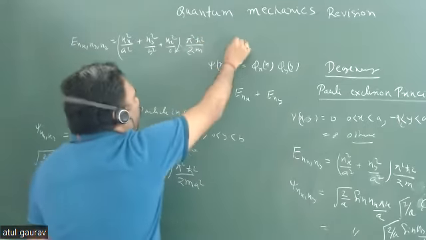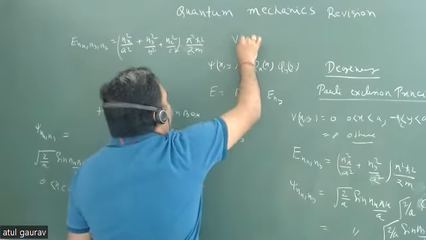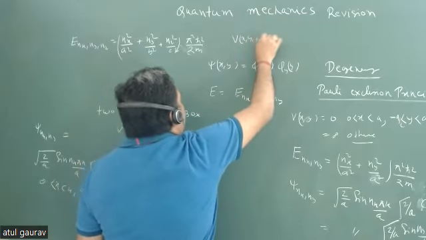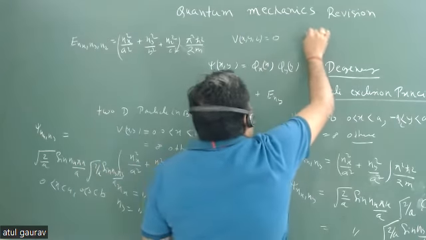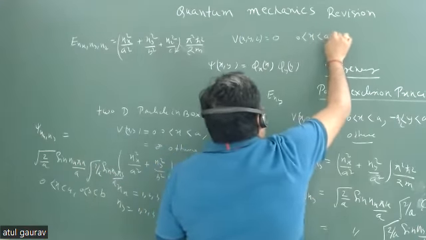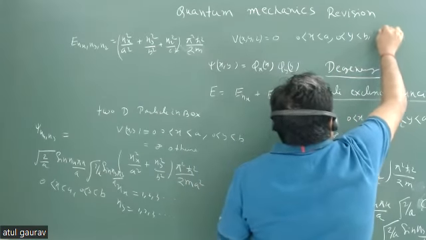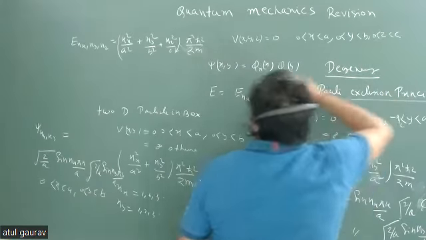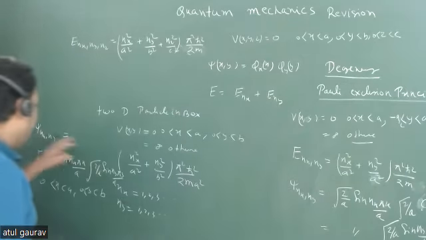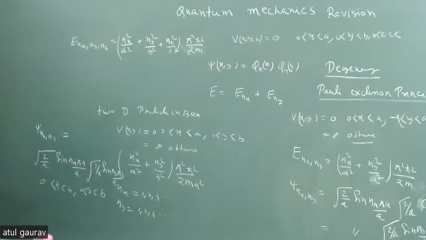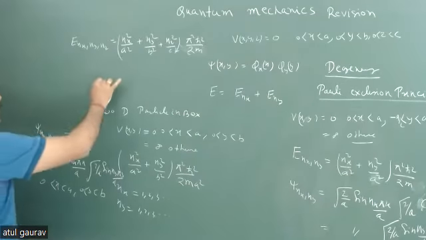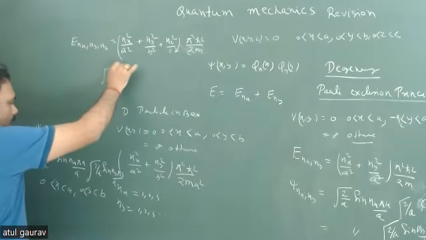Obviously, for this potential, V of x, y, z is equal to 0 if x is between 0 and a, y is between 0 and b, and z is between 0 and c. Accordingly, you can write the wave function in this form.